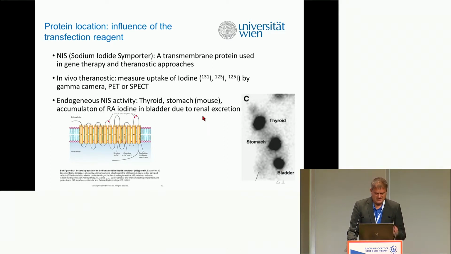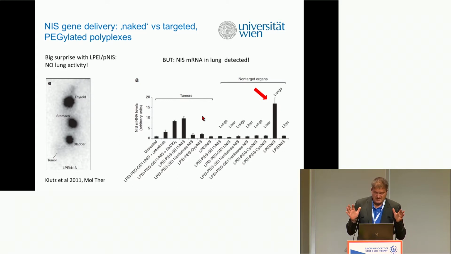So what we did next is we took these polyplexes that I've already shown you, which cause a very strong transgene expression in the lung based on luciferase, and in the gamma camera we saw nothing. Yeah, so we were quite surprised, this cannot be, this was our positive control. But we then also checked the mRNA levels for NIS, and there we found a lot of mRNA in the lung.